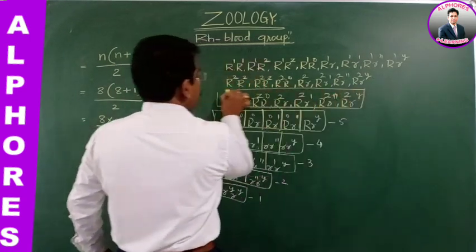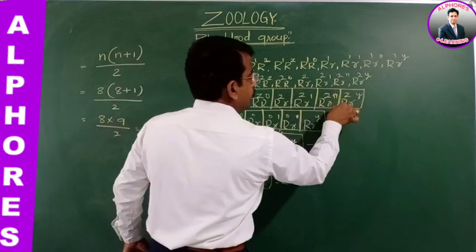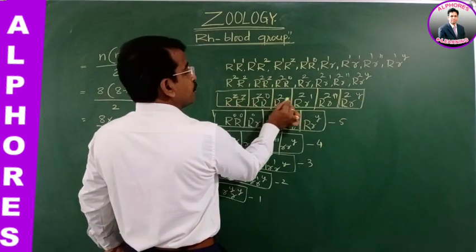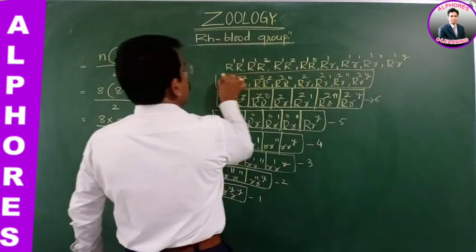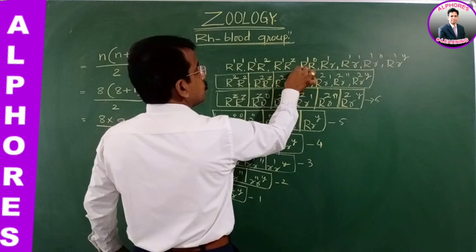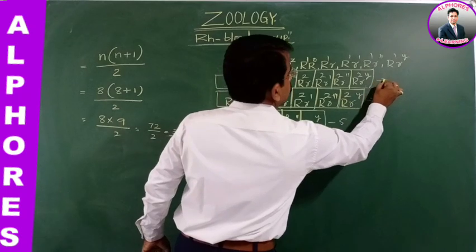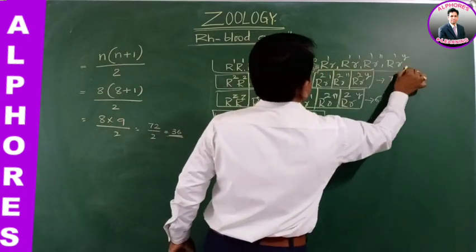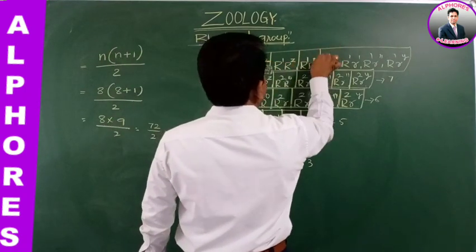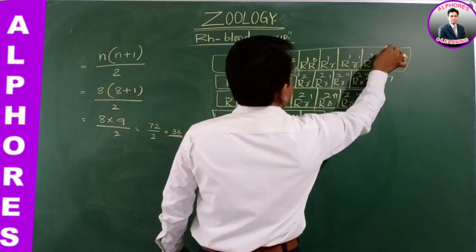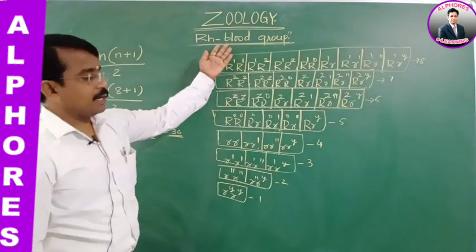Next 1, 2, 3, 4, 5, 6. Next 1, 2, 3, 4, 5, 6 and 7. Next 1, 2, 3, 4, 5, 6, 7 and 8. Okay, this is a clear evidence.